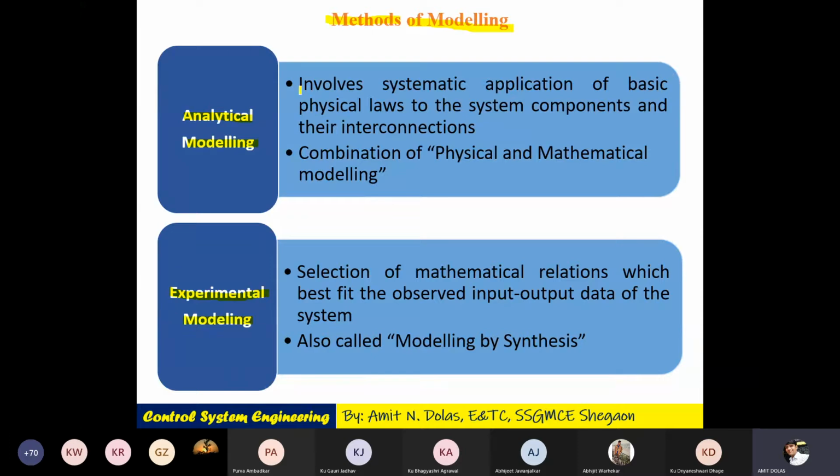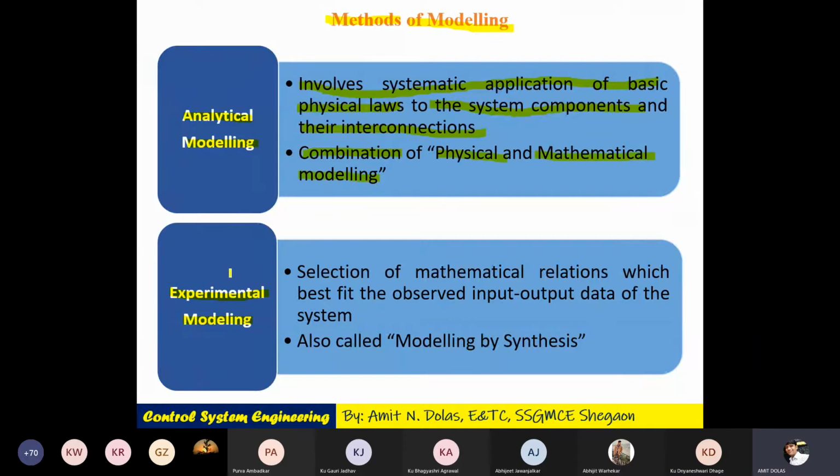Analytical modeling involves systematic application of basic physical laws, like KVL, KCL, Ohm's law if it is an electrical circuit, to the system components and their interconnections. If it is a mechanical system, it will be Newton's laws of motion and everything. A combination of physical and mathematical modeling is also possible here.